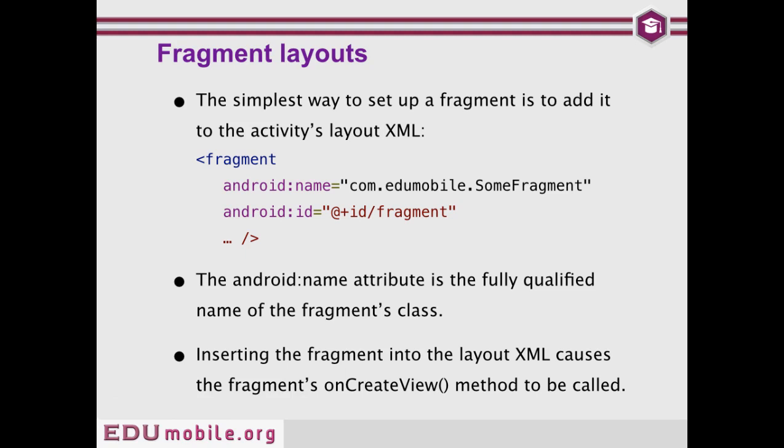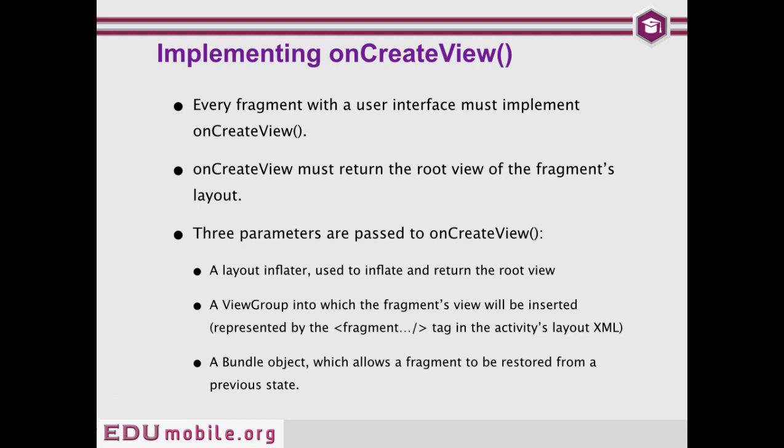So a fragment tag within the layout XML of an activity is a placeholder for what actually will be going on. It's a view group. It's a container for the actual XML or the layout or the view of the fragment that will be displayed. So onCreateView must be implemented in every fragment that has a view. We already know that. It must return the root view of the fragment's layout.